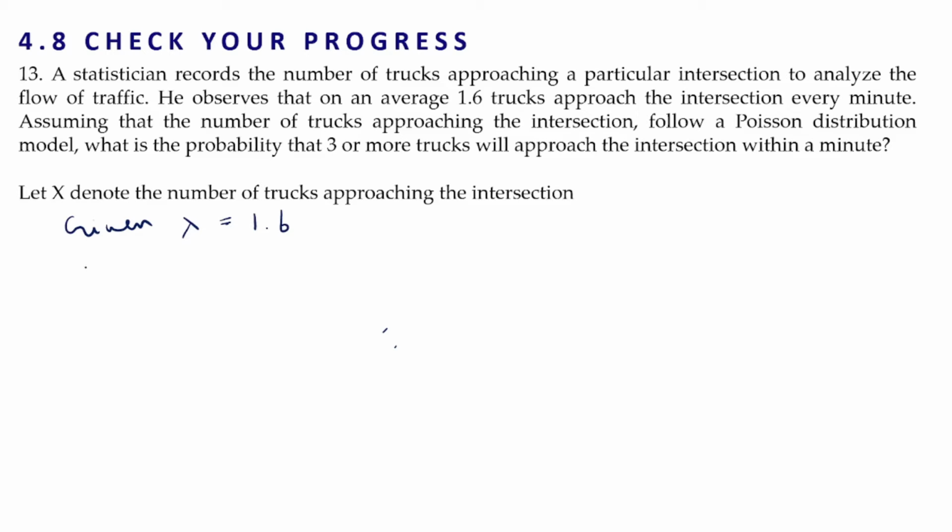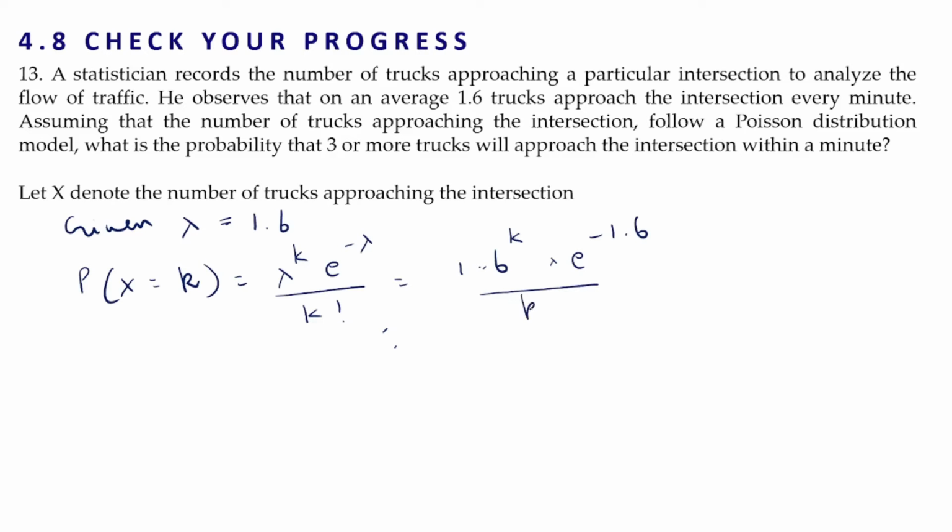Then the probability mass function is given by probability of x is equal to k, equal to lambda power k e raised to minus lambda by k factorial. Here lambda is 1.6, so it is 1.6 raised to k into e raised to minus 1.6 upon k factorial.